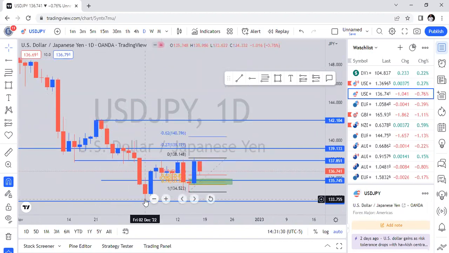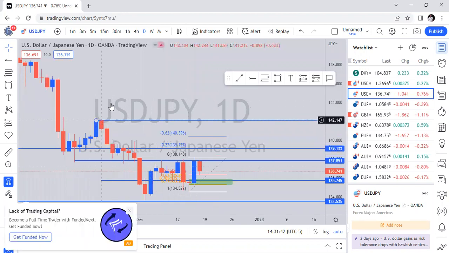So as long as price is inside this range formed by this low and this high, that's it. Please mute yourself. All right.